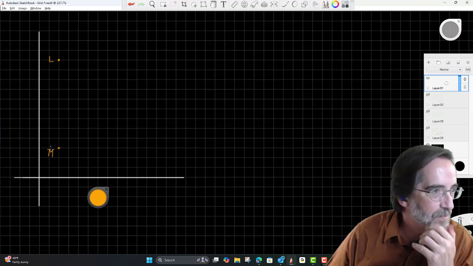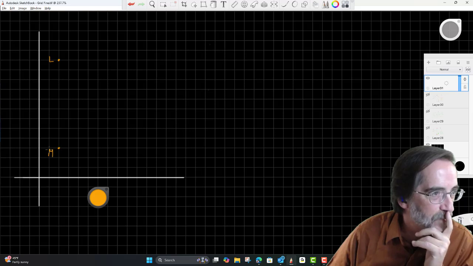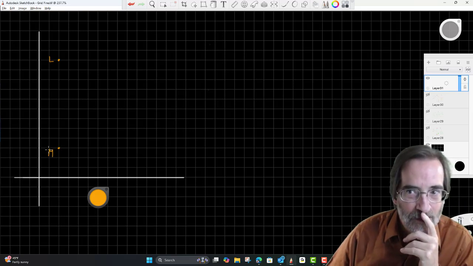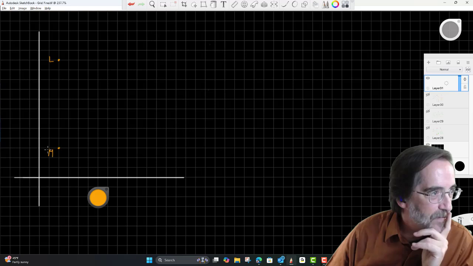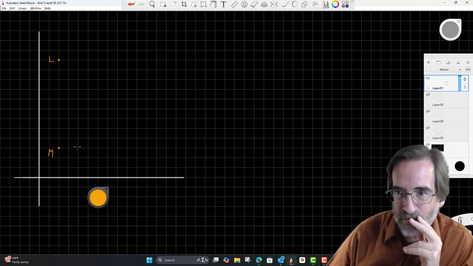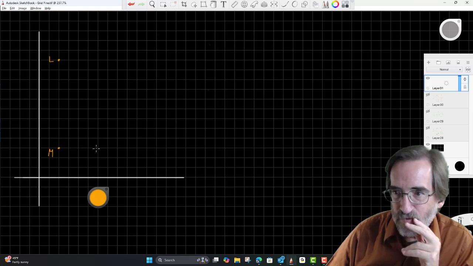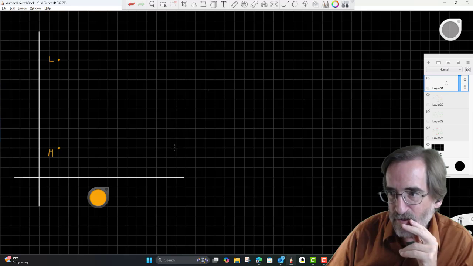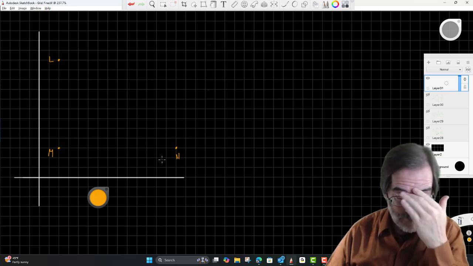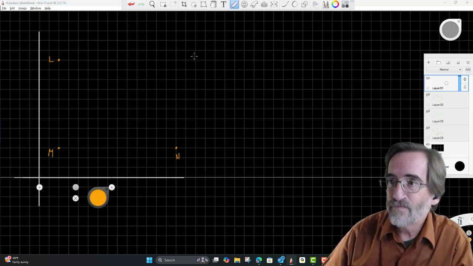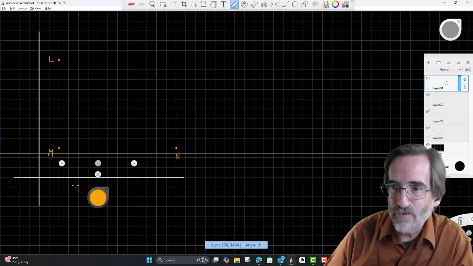LM is a vertical line segment whose length is a multiple of 3. And this one happens to be 9. And MN is a horizontal line segment whose length is a multiple of 6. So 2, 4, 6, 8, 10, I'm going to go 12. Okay, N. Okay, so there's my triangle, following the rules.